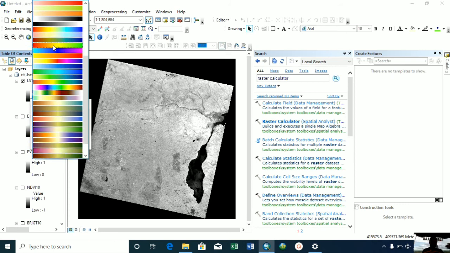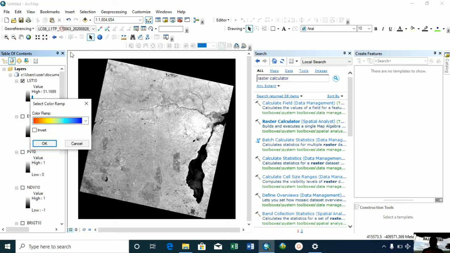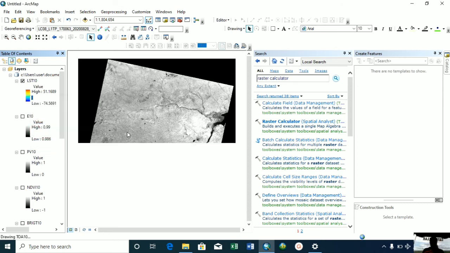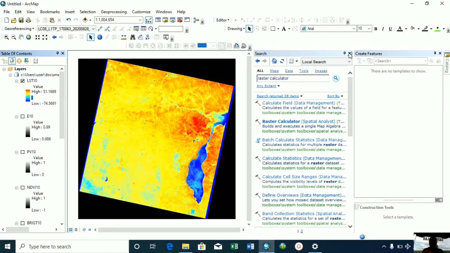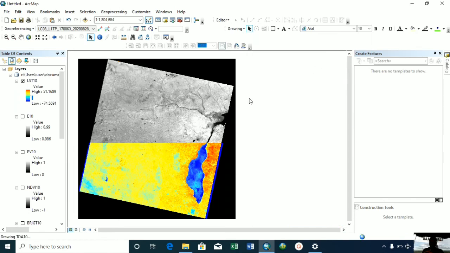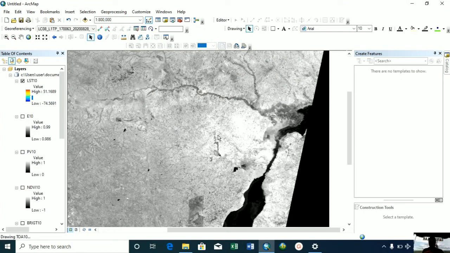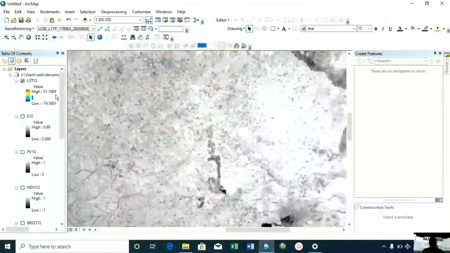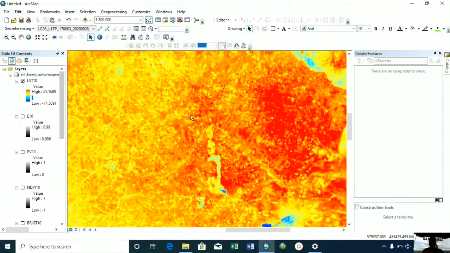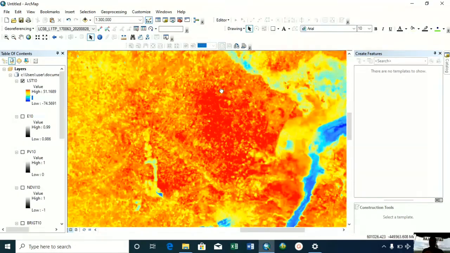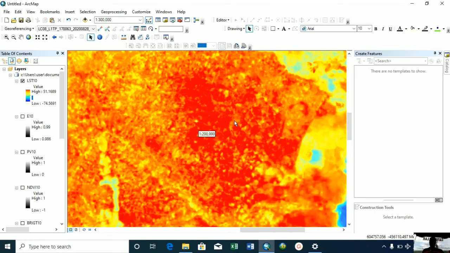So you have to choose the best color here, and then you have to invert here, and this one you can cancel. As you can see here, this is my satellite image. Where there is red, it means the temperature is high. So this zone is very important, or good, for geothermal exploration, as you can see.